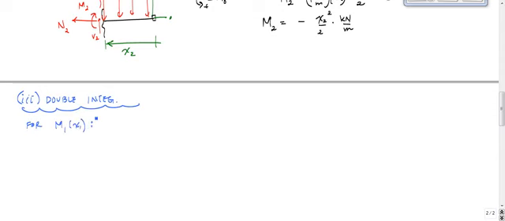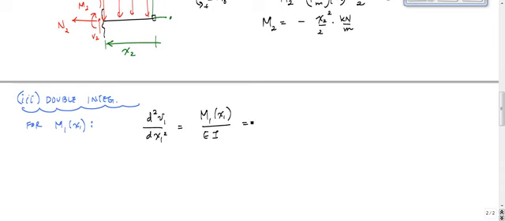You want to start with the moment curvature relationship. So it'd be d squared v1 over dx1 squared is equal to m1 of x1 over EI, okay?